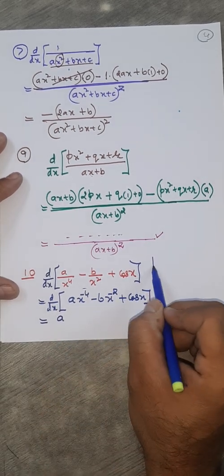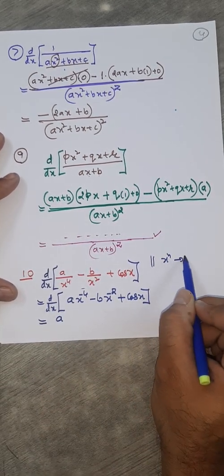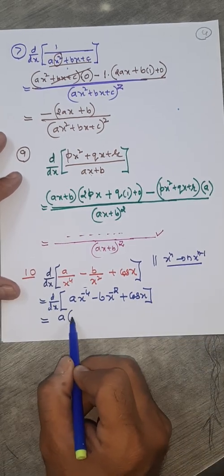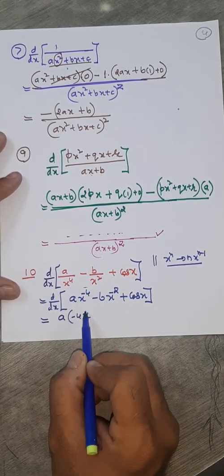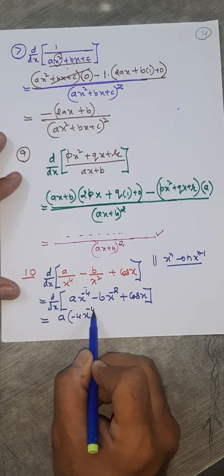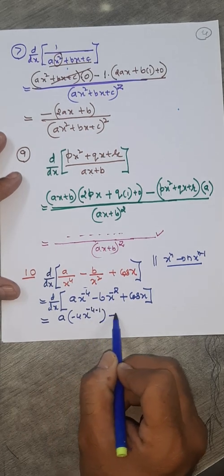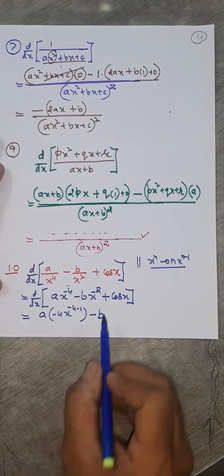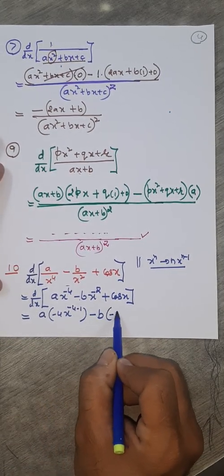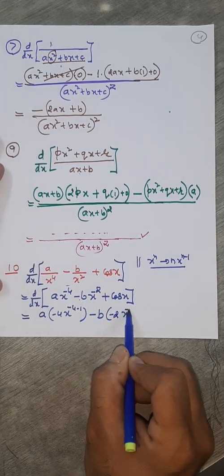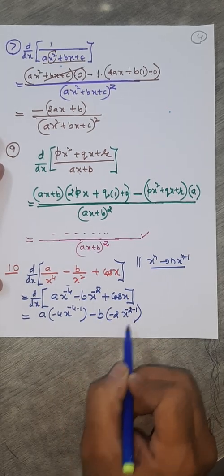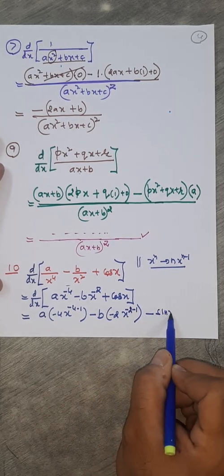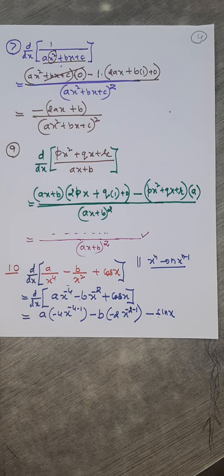What is the derivative of x raised to n? Using this concept, n into x raised to n minus 1. So you have minus 4 x raised to minus 4 minus 1 like this. Minus b being constant with the function as it is. What is this? This is minus 2 into x raised to minus 2 minus 1. And derivative of cos x is nothing but the minus sine.